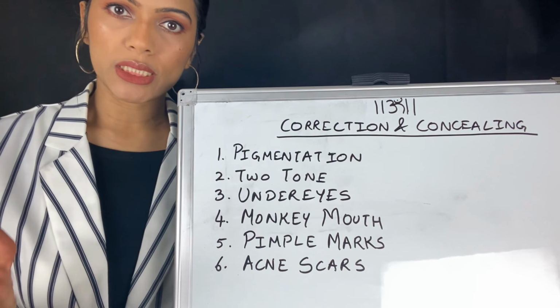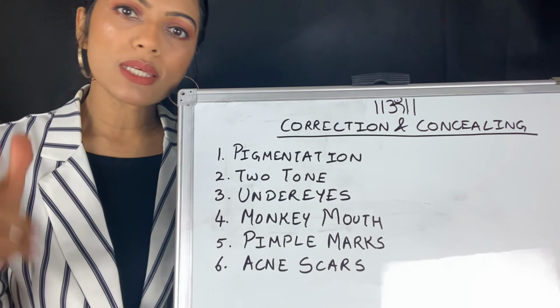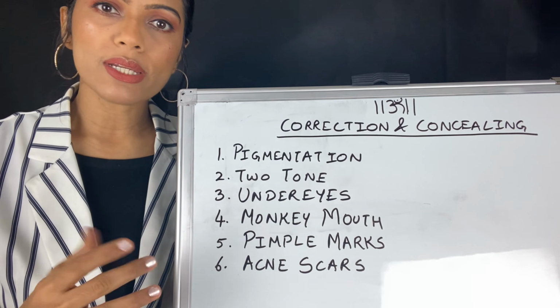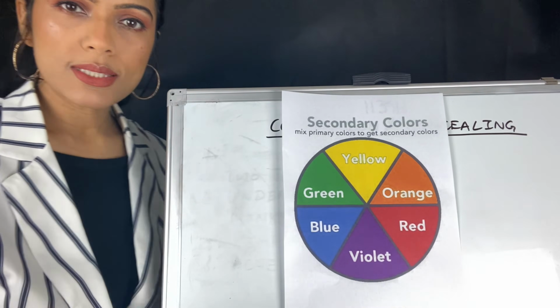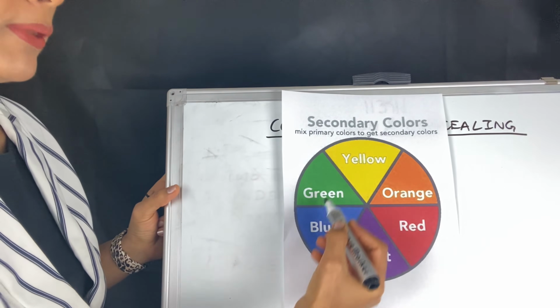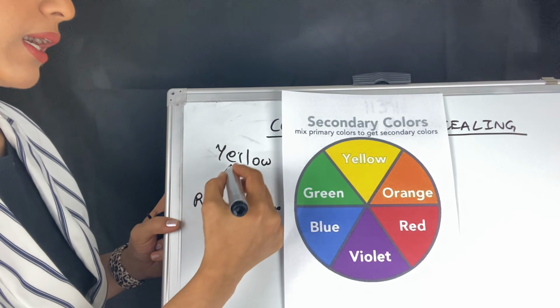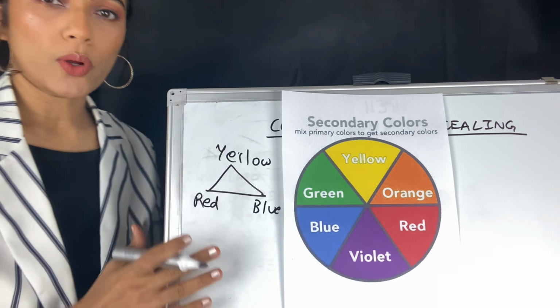To do correction, you have to understand what the color wheel is. Once you understand the color wheel, you can very easily decide which colors to use to hide your marks. What is the color wheel? In the color wheel, guys, red, blue and yellow are the three primary colors provided to us from the universe.